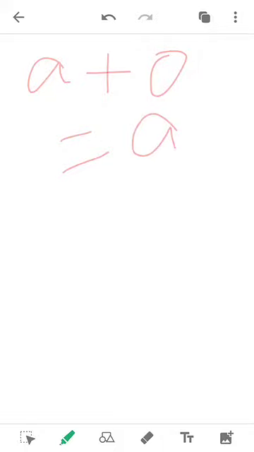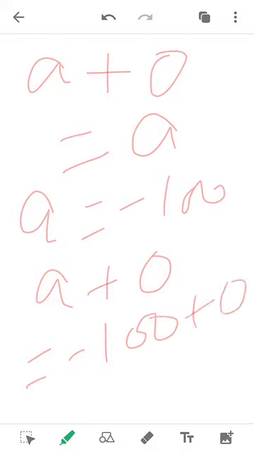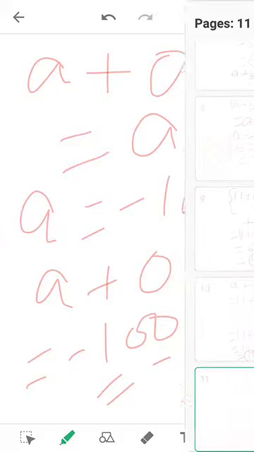Let us put any value of a, a is equal to minus 100, then a plus 0 is equal to minus 100 plus 0 is equal to minus 100. We will always get an integer number.